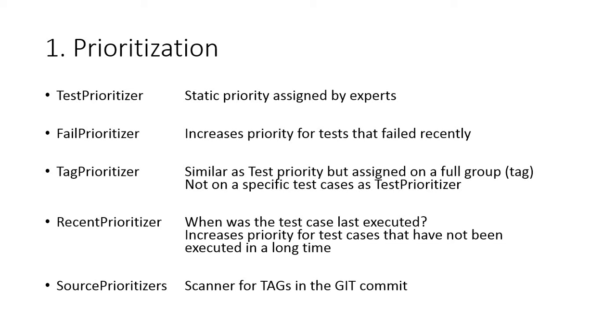A recent prioritizer means that when a test case has not been executed for a long time, it gets a higher priority to be run, so they make sure that all test cases are at least run within a longer time period. And then the source prioritizer looks at the tags in the Git commits, and prioritizes test cases in the area where code has been changed.